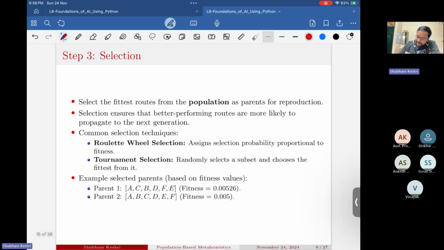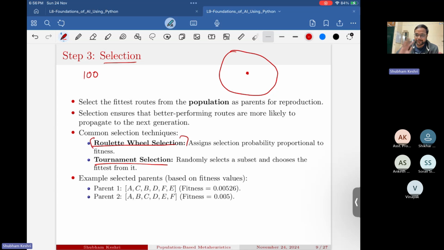Okay. Now we are doing selection. I talked about elitist-based selection, but over here I am giving other examples of selection: roulette wheel selection and tournament selection. So what are these? Roulette wheel selection comes from gambling. You will have a wheel and you have parents, individuals.